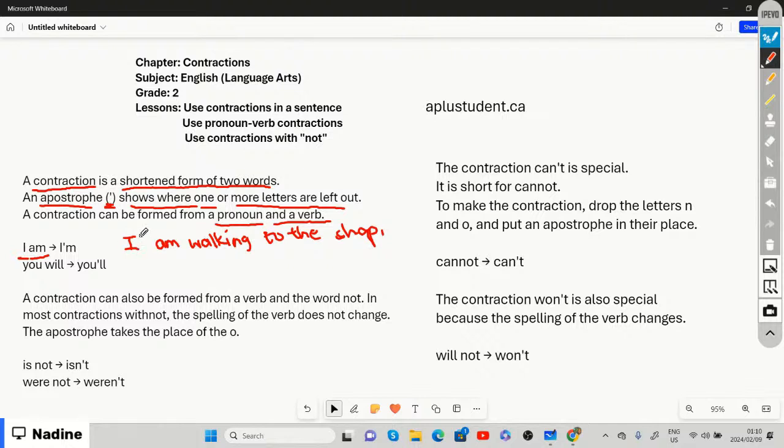If we want to shorten these two words, I am, remember we said a contraction is formed from a pronoun and a verb. So the pronoun is I and the verb is am.